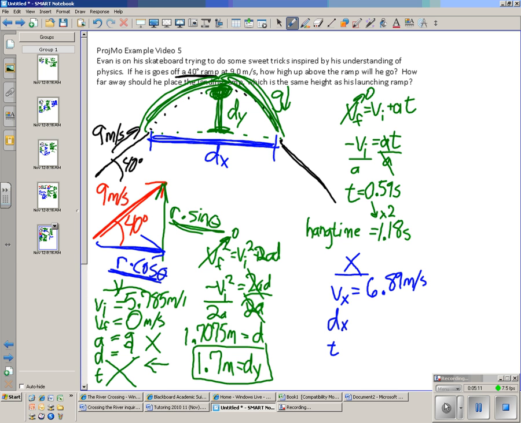Displacement on the x is what I am looking for. And then the time is the time that I got before, so that is 1.18 seconds. So easily done. I'm going to say displacement on the x equals velocity on the x times the time. So tapping into my calculator, I get the displacement on the x, that's how far away it needs to put the ramp, is 8.1 meters.